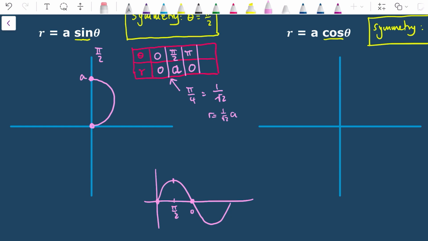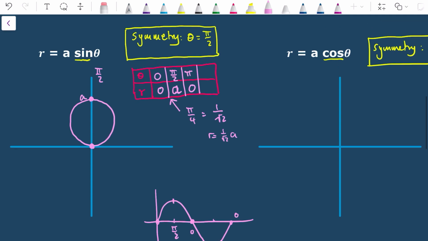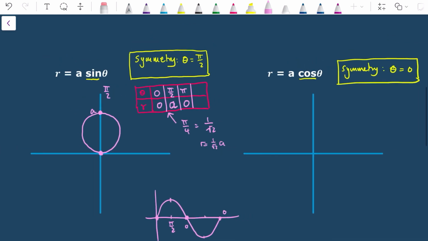So as I continue, I will come back down to there, and it continues. I'll still have a radius of 1a, and then coming back after 2 pi, I will be back at 0. And so you can see here that sine of theta has symmetry, and I get a circular shape, a circle that has symmetry about the pi by 2 axis.